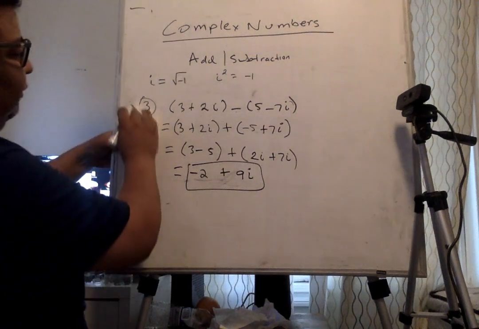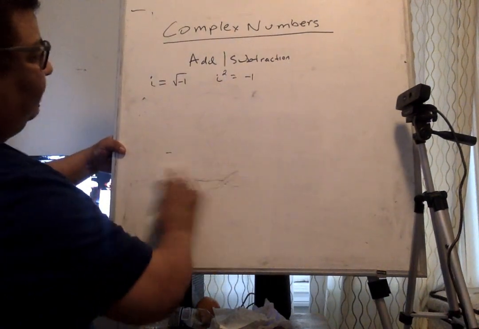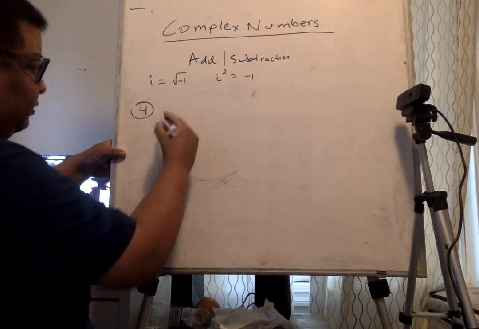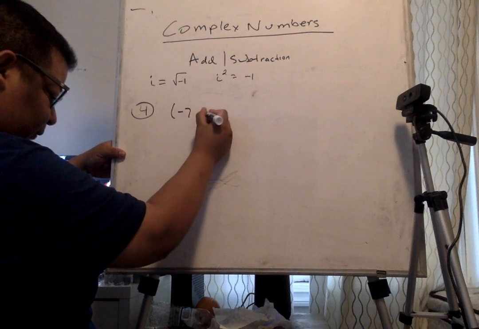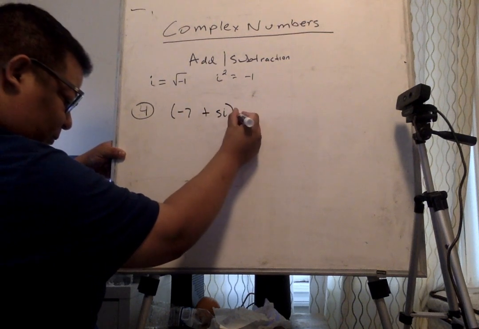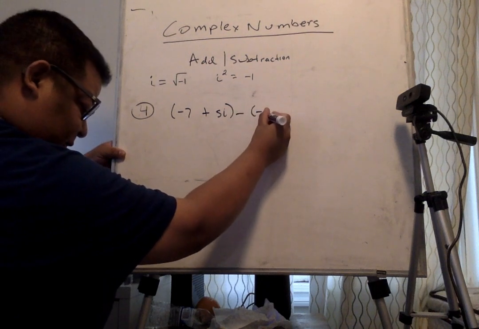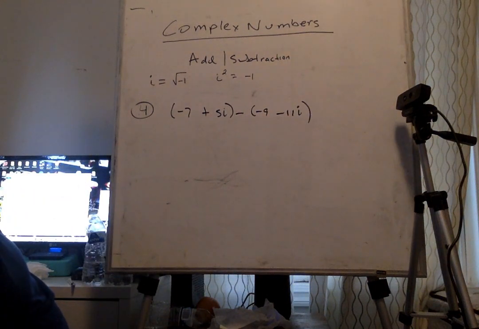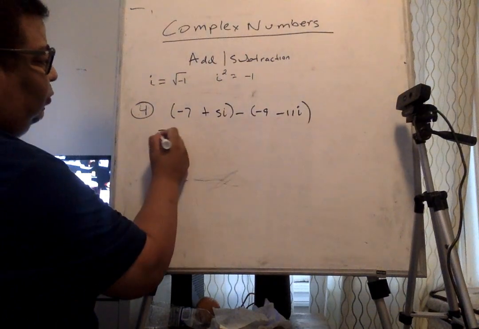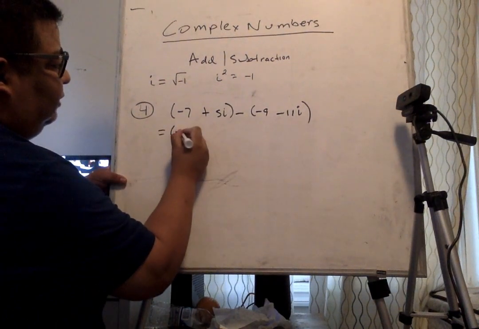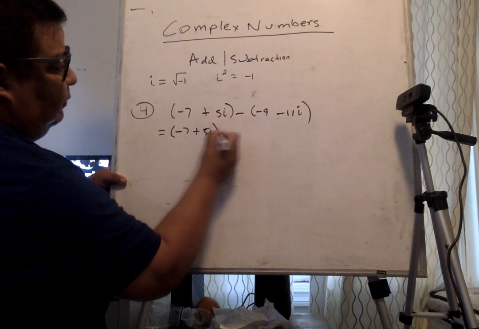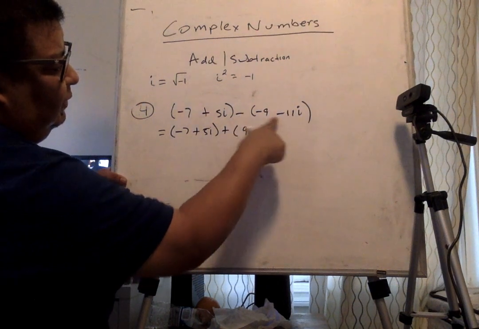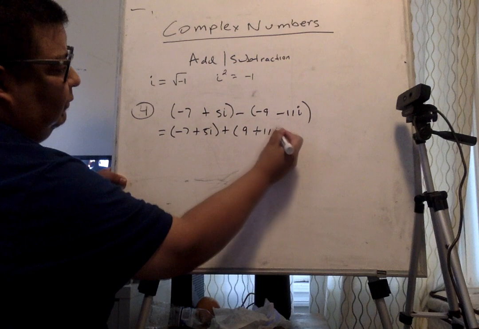Now let's go to problem number 4. Problem number 4 says negative 7 plus 5i minus negative 9 minus 11i. Alright, so first step, we distribute the negative over the parentheses. Negative 7 plus 5i. Negative times a negative is positive, so that will be plus 9. Negative times a negative is positive, so that will be plus 11i.